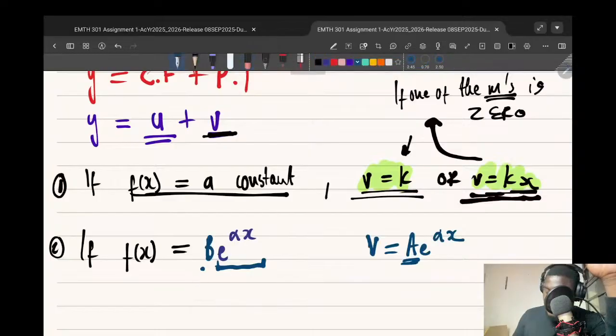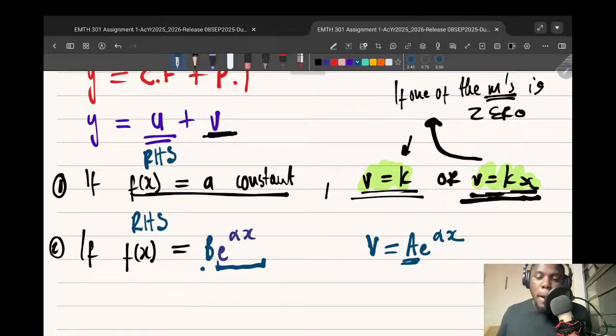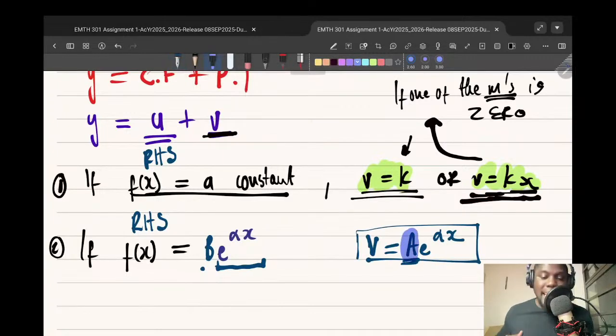Remember, f of x is what will be on the right-hand side. This is the right-hand side. If the right-hand side is something exponential, bring it back for v, but just change the number and put an a.